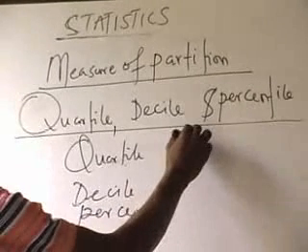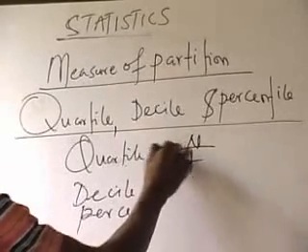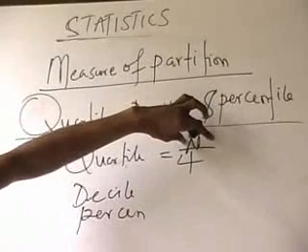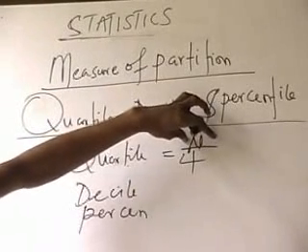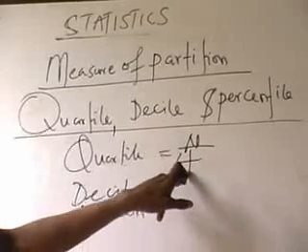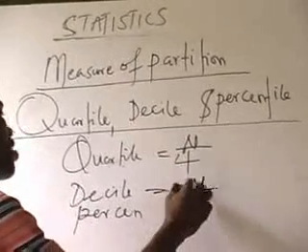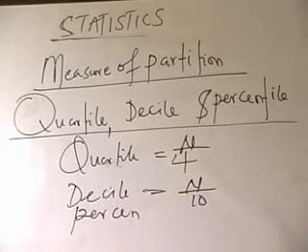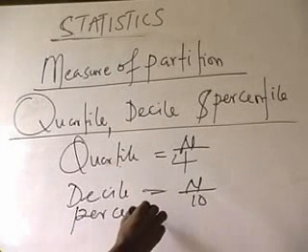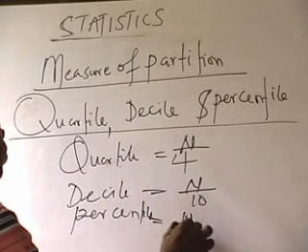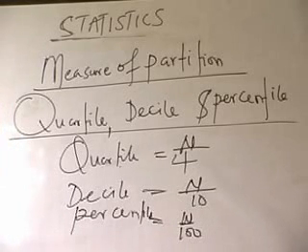So whenever you divide n by 4, that gives us quartile. If you divide the total number of a given distribution by 10, we say it is decile, while if you divide by 100, we say it is percentile. So we have quartile, decile, percentile, and they all fall under measures of partition.